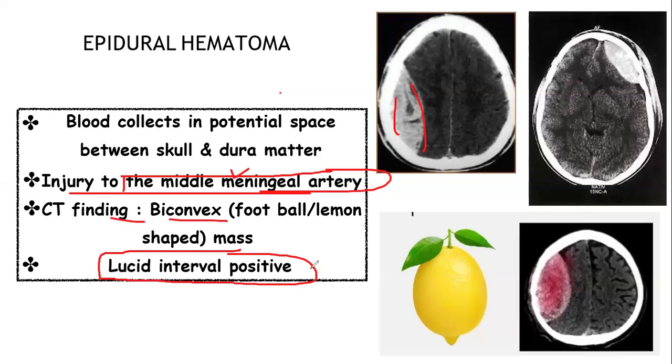Can you tell me what lucid interval is? A brief period of consciousness after unconsciousness. After the incident, the patient regains consciousness, and while the hematoma keeps expanding, the patient's GCS is 15.